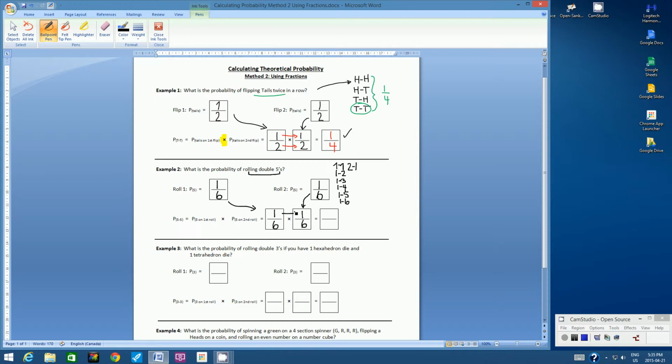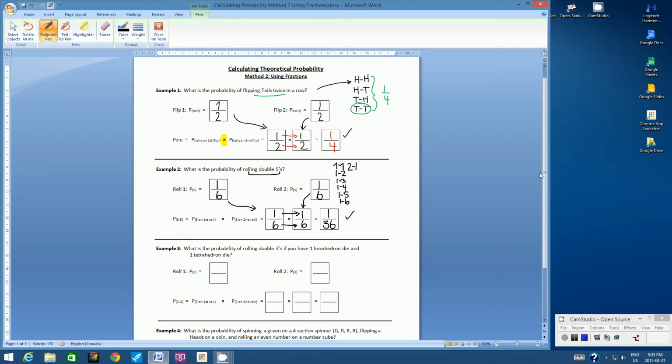We multiply straight across the numerators. 1 times 1 is 1. And then we multiply straight across the denominators. 6 times 6 is 36. Then, before you leave the question, ask yourself, is this fraction in its lowest terms? Because the numerator is 1, yes it is.